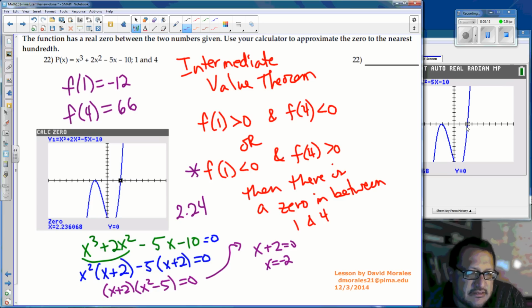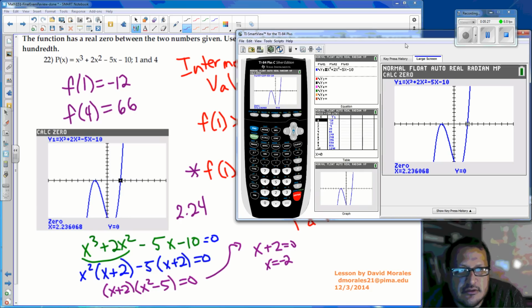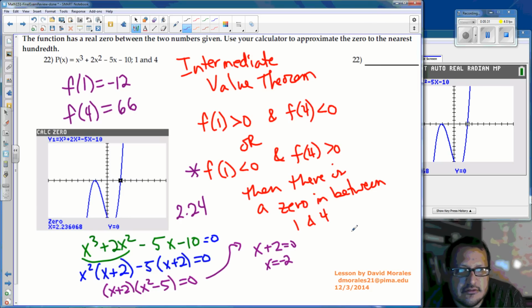Now what about this other one? x squared minus 5 equals 0, so x squared equals 5, x equals the square root of 5.